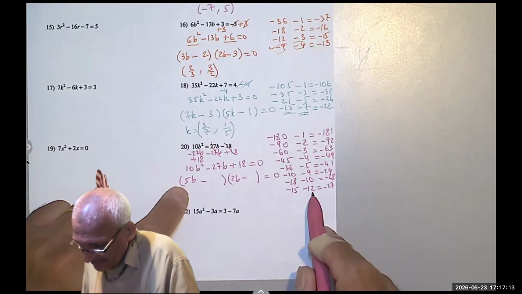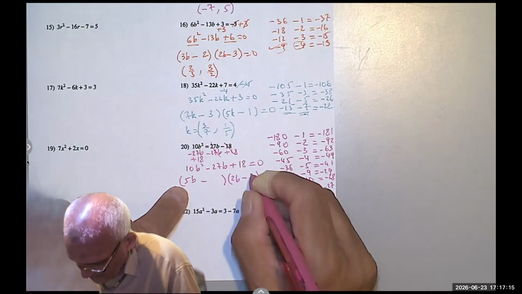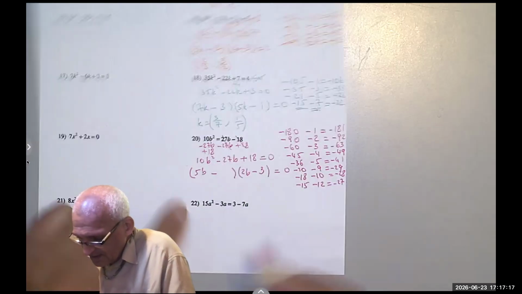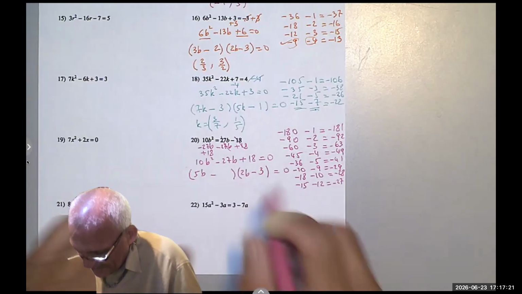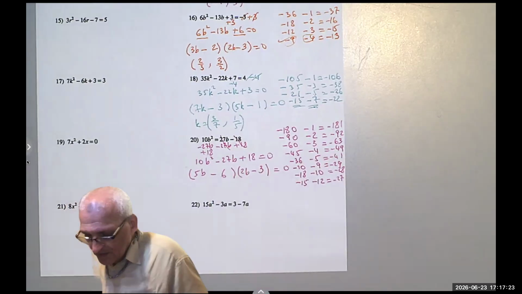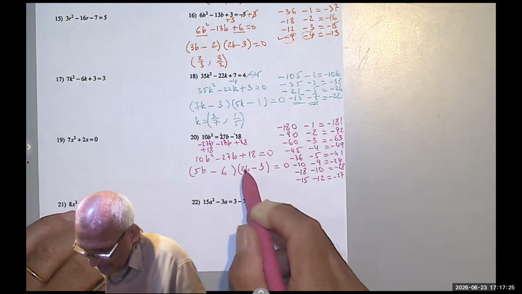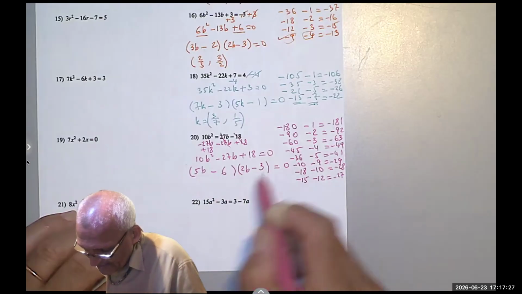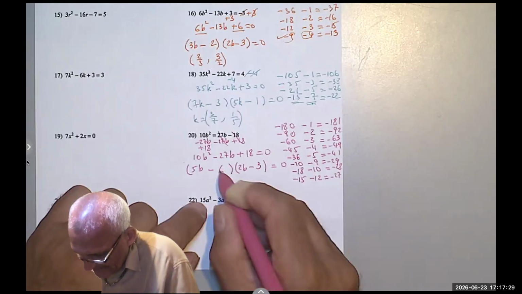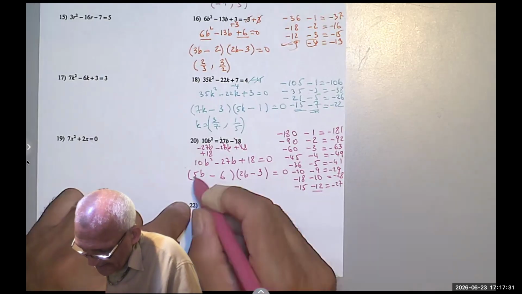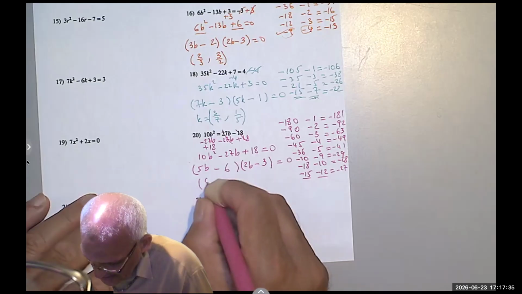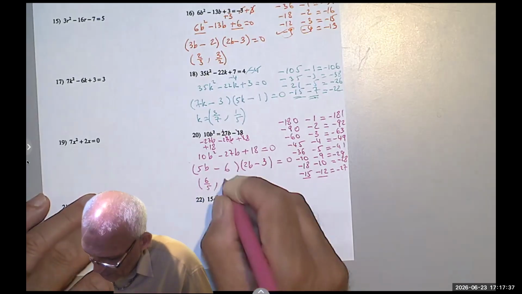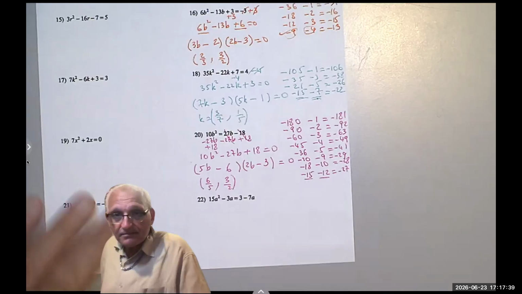5 cannot make 12, but it can make 15 when it's multiplied by 3. The 2 cannot make 15, but it can make 12 by multiplying it by 6. So now I have 10b squared, I have positive 18, and then I have negative 12b and negative 15b. So the answer is b is 6/5 or 3/2.